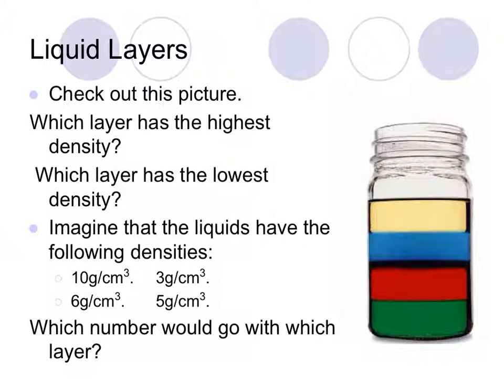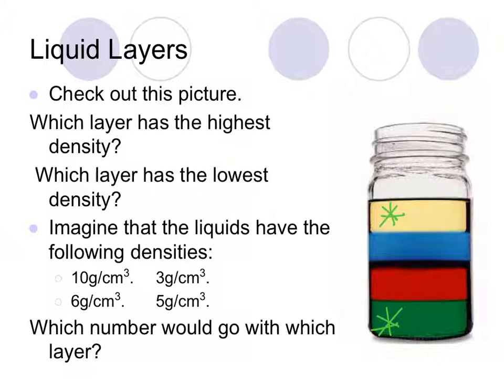So looking at this example, if we have these 4 layers of different liquids, the layer that has the highest density is going to be here, at the bottom. It's going to be the most compact and it's going to sink to the bottom. The one with the lowest density is going to be at the top because it has the least amount of mass for its given amount of space, and it will float above other layers.